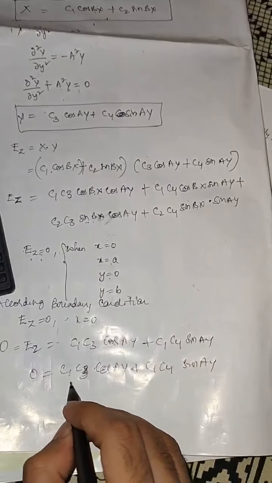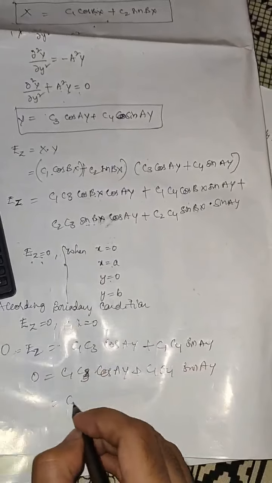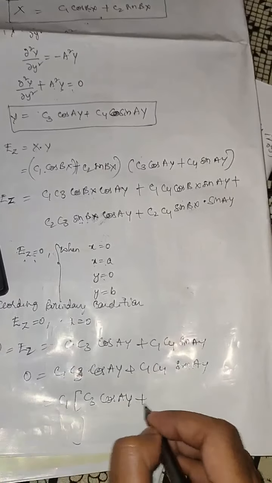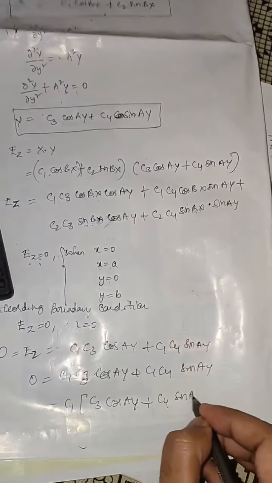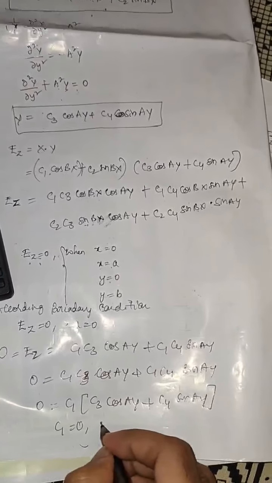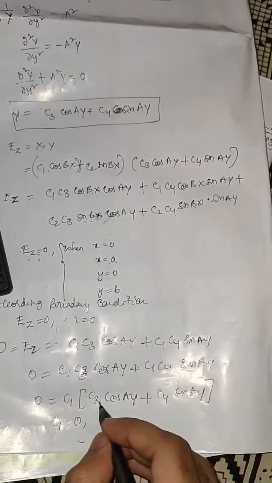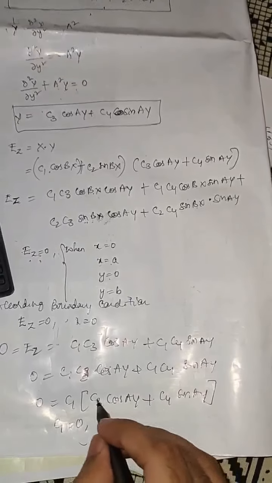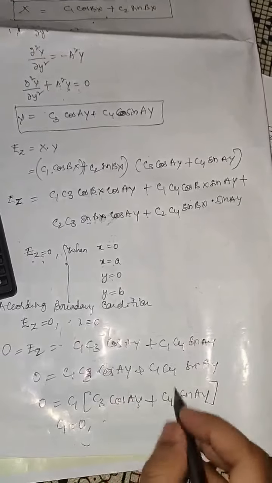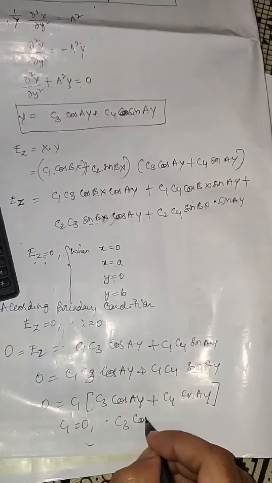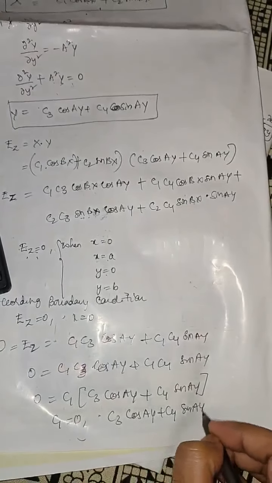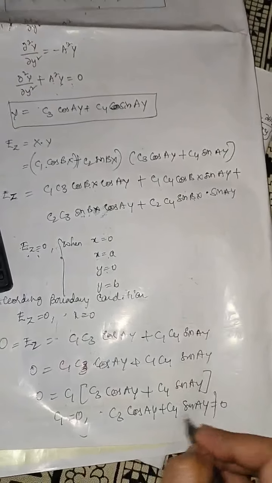In this equation c1 is common, so c1 times (c3 cos ay plus c4 sin ay) equals 0. So either c1 equals 0, or the bracketed term is 0. Since c3 multiplied with cos ay consists of a variable term, this term is not equal to 0.